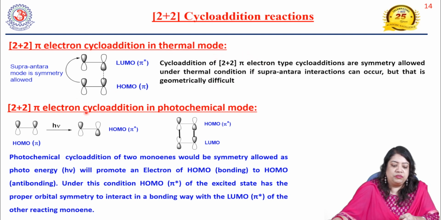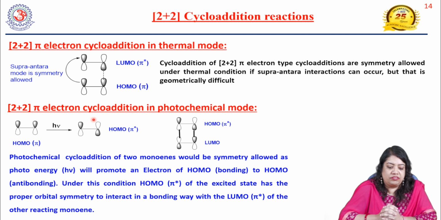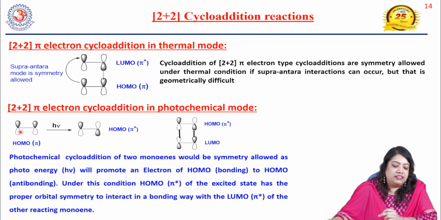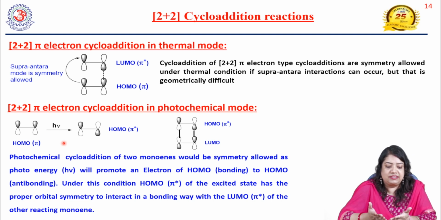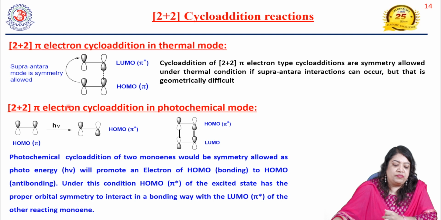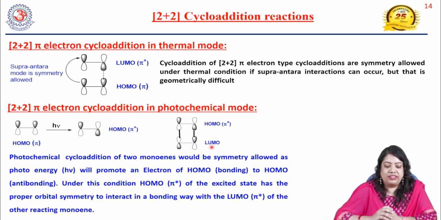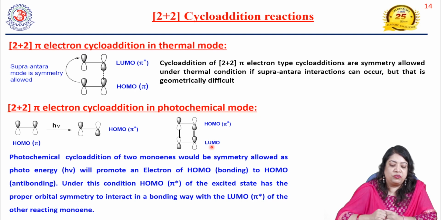But 2 plus 2 pi electron cycloaddition in photochemical mode, when we consider this photochemical mode of interaction, then this HOMO pi orbital of our ene system under photochemical activation is converted to HOMO pi star. Now this HOMO pi star overlaps with the LUMO of the other ene system and gives a nice bonding interaction if we consider supra-supra mode of overlap.